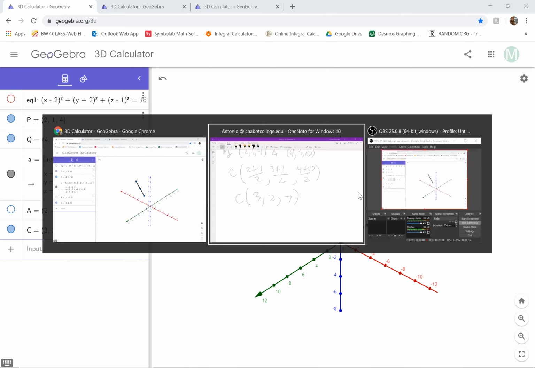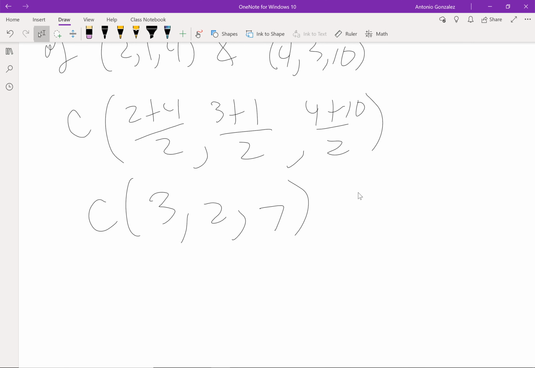Okay, so I've at least found one of the parts that I need for the equation of a sphere, right? I need the center. The other thing I need is the radius. I can find this a couple of different ways here.